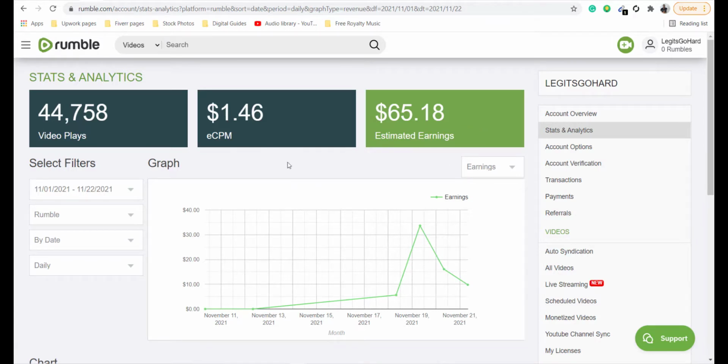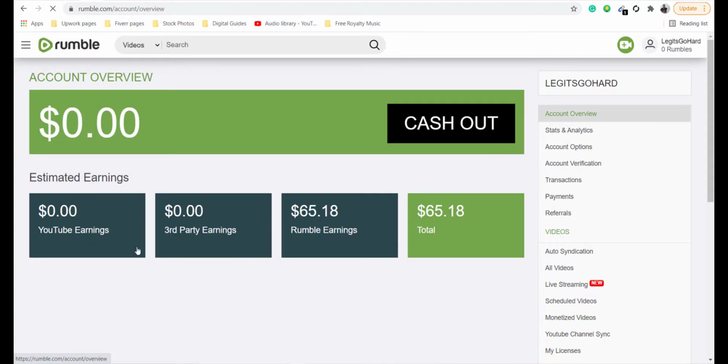All these earnings are from the Rumble platform only. I added some videos from YouTube, so I might earn some extra money from YouTube. It will definitely show here as YouTube earnings, and then maybe some other third-party platforms as well.